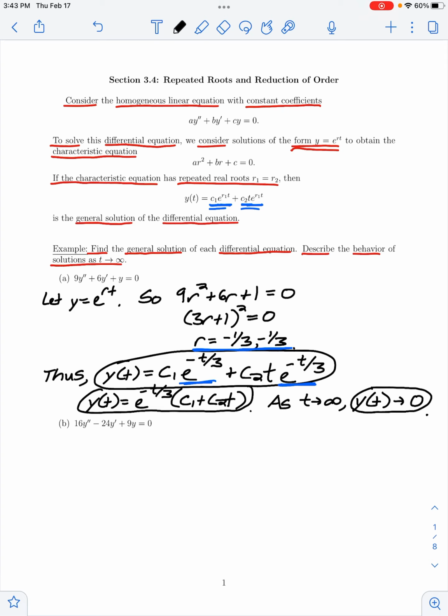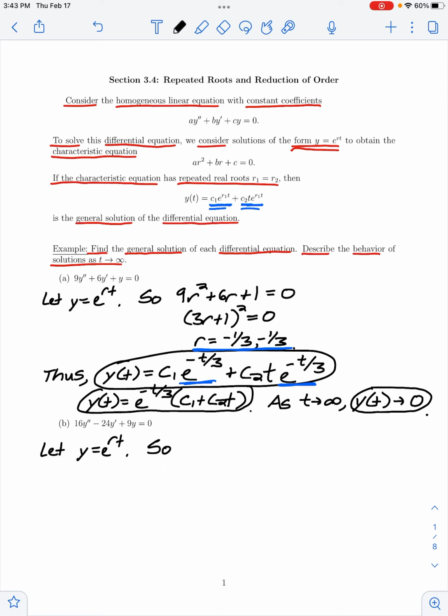And then looking at part B of this example, we have the same sort of equation, 16y double prime minus 24y prime plus 9y equals 0. So again, we would look for solutions of exponential form, y equals e to the rt.